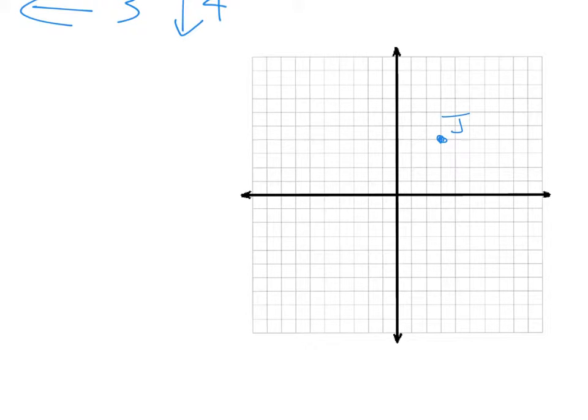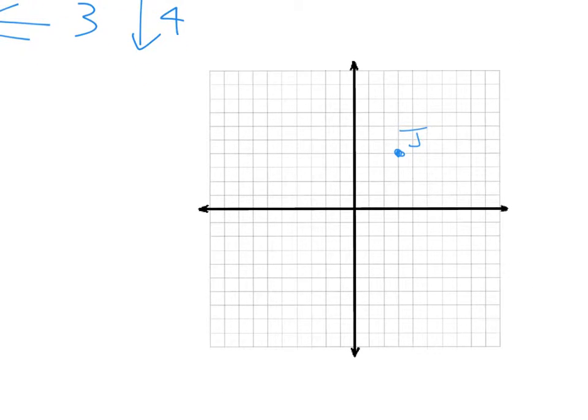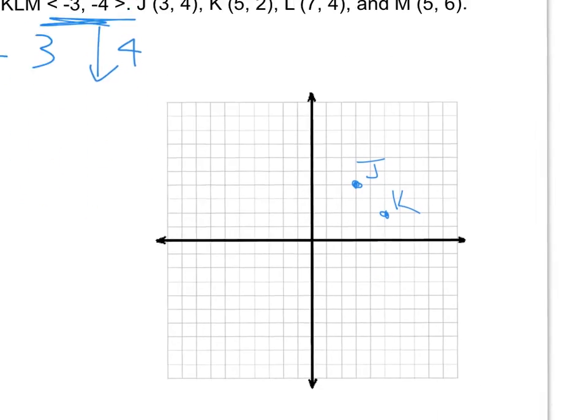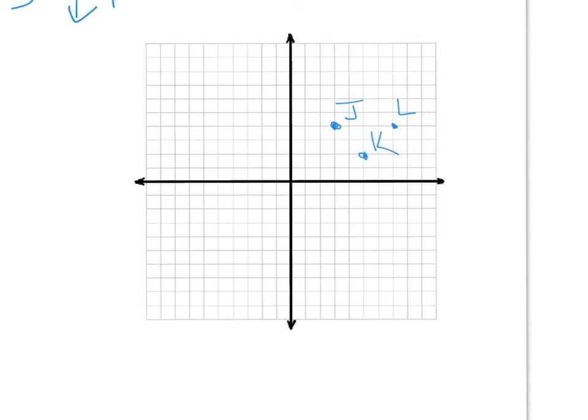So there's J. Next one, K is going to be at 5, 2. L is going to be at 7, 4. And M is going to be at 5, 6. So there's my square.